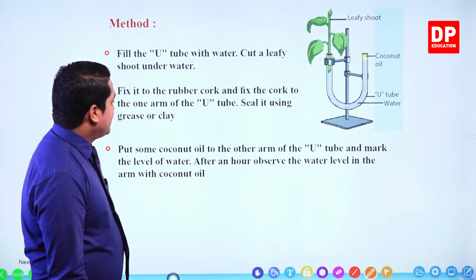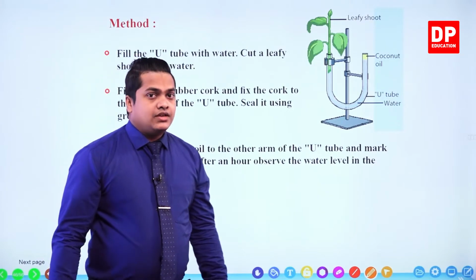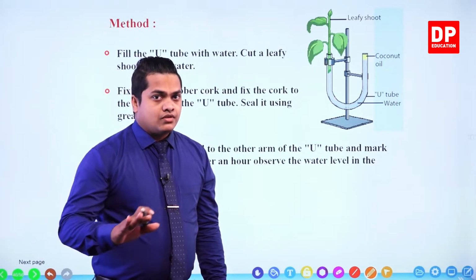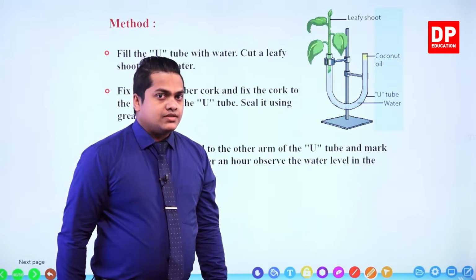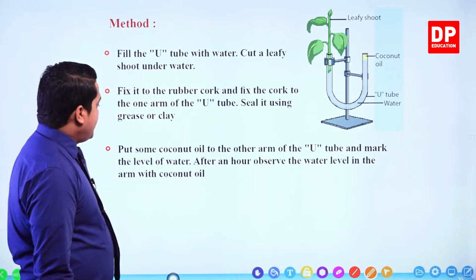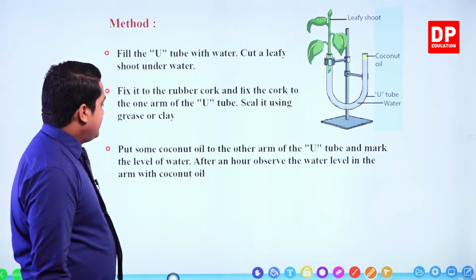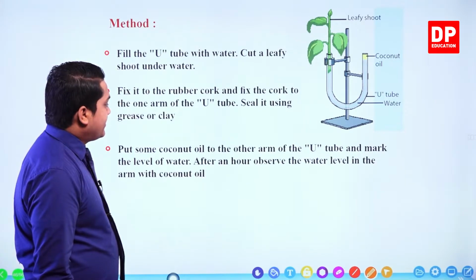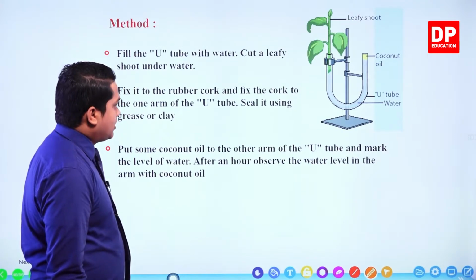Seal it using grease or clay. So one arm we have to fix and enclose using clay or grease. Then put some coconut oil in the other arm of the U-tube and mark the level of water. After an hour, observe the water level in the arm with coconut oil.